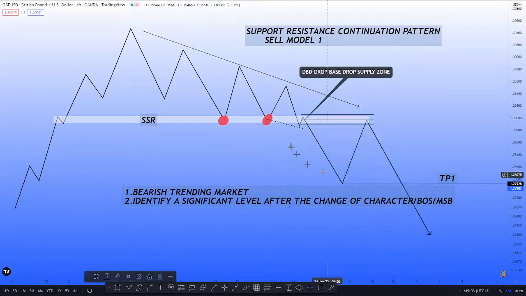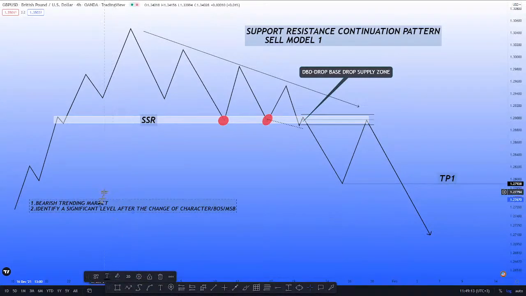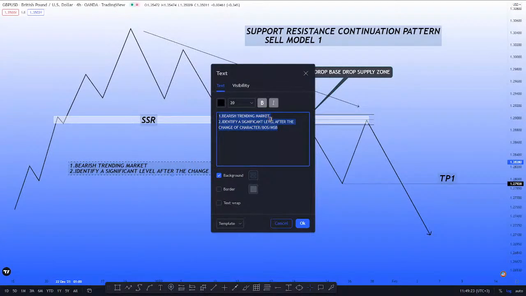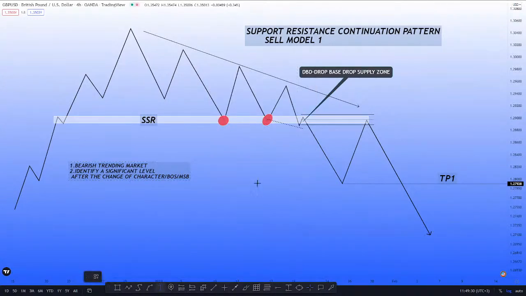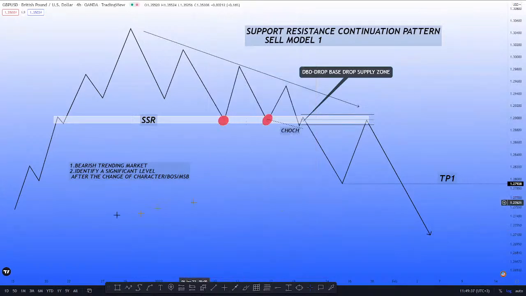So after the BMS or this change of character, you look for a significant level. Let's reduce this font size to about 20. Yeah, you identify a significant level after the BOS or the change of character. Let's write something here. That's the change of character.